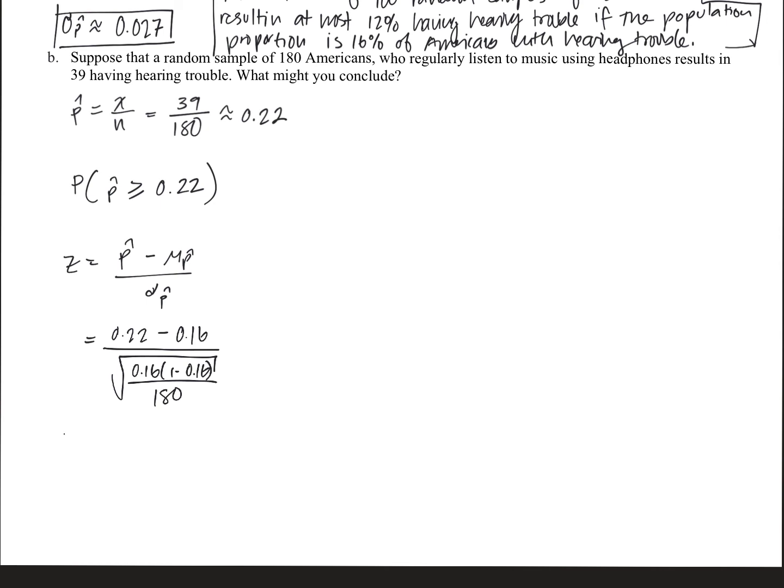And z comes out to be 2.1957. For our z-scores, the table doesn't go past 2 decimal places, so we're going to round this. If we round up at the hundredths place, that bumps us up to 2.2.